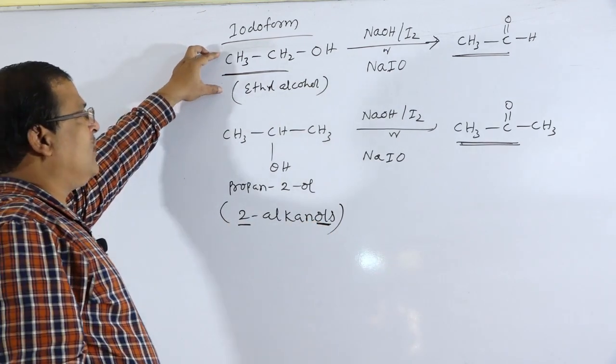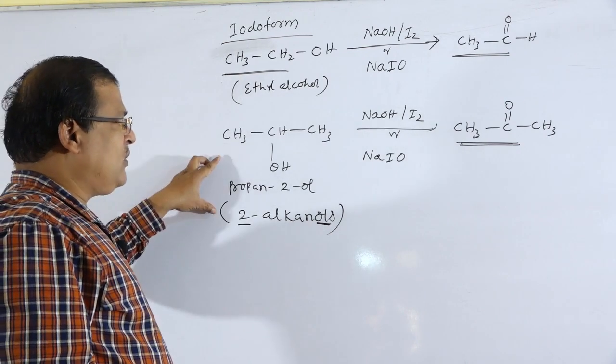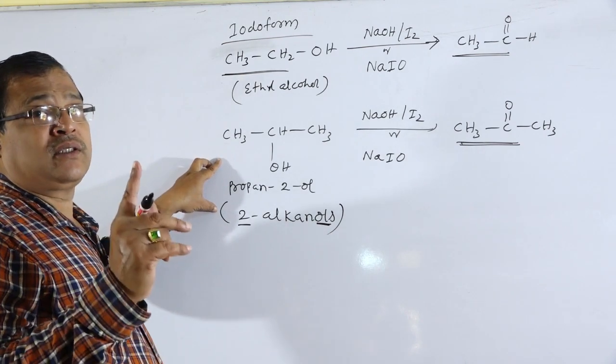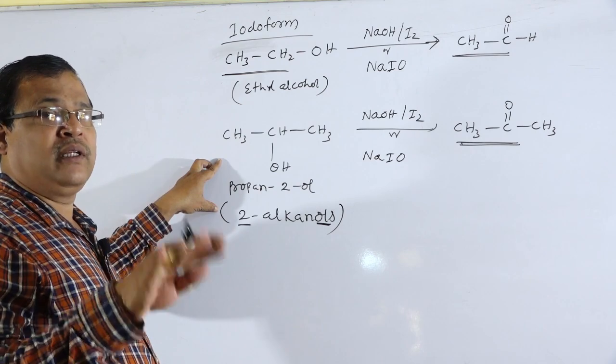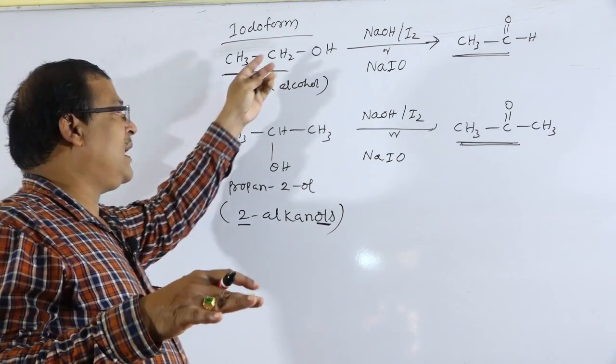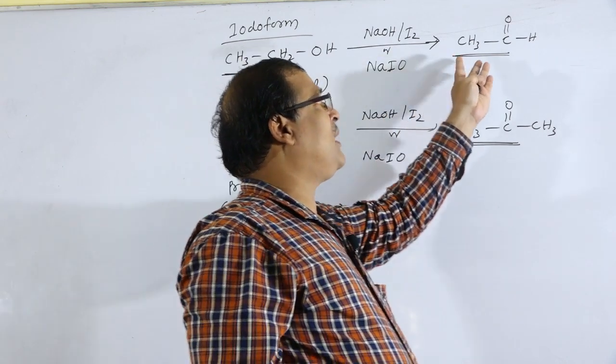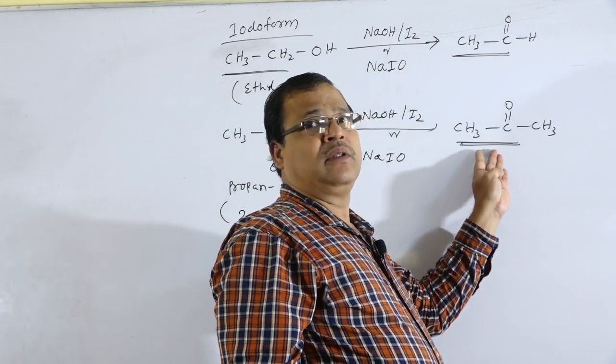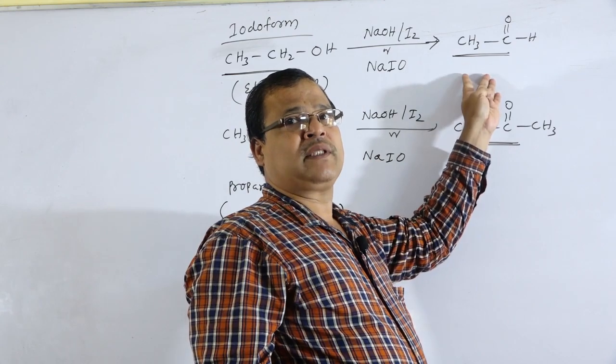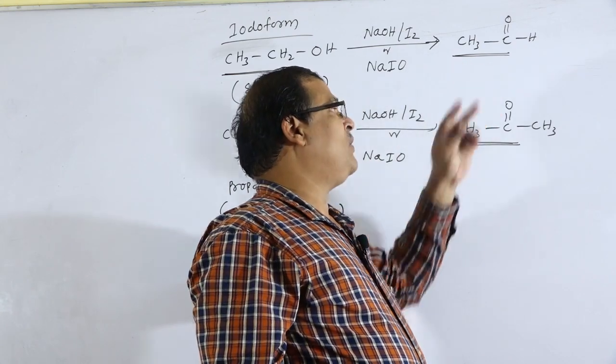Among alcohols, ethyl alcohol and all the 2-alkanols have the ability to react with NaOH and I2 to form a compound having the CH3CO group. This group is particularly responsible for the iodoform test.